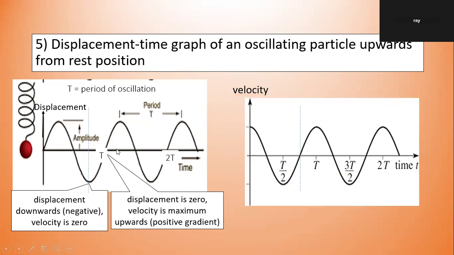As you go further, the slope becomes smaller and smaller. So we can draw the velocity time graph. That's the velocity time graph. There's a point that we're interested in: 0, and then at the period there it is maximum. So the sine graph becomes a cos graph.